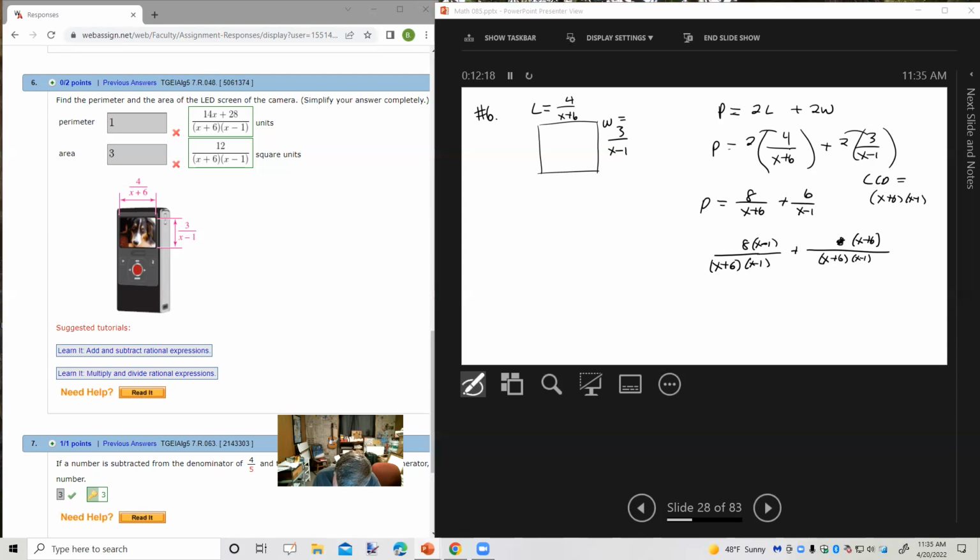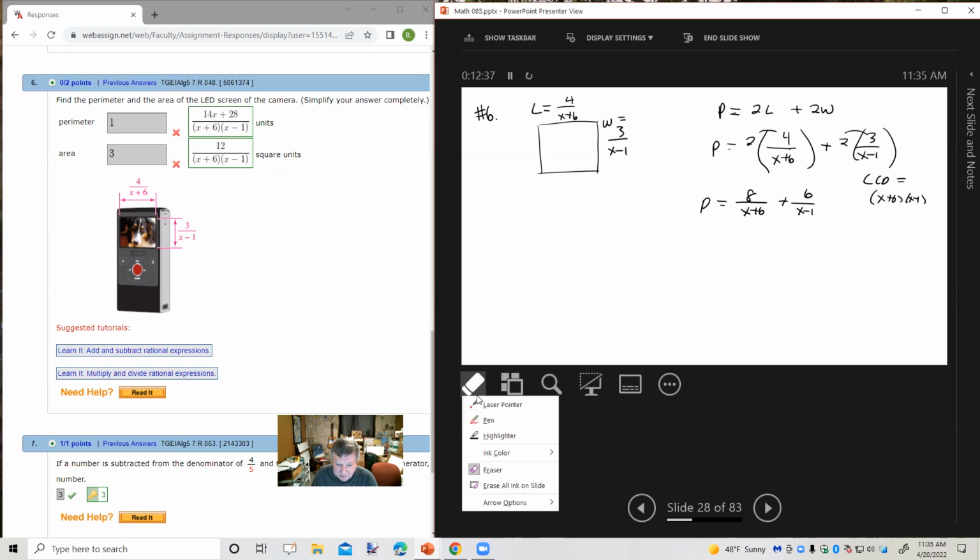Why did I write an 8 there? Sorry. You know what? I'm going to back up a little bit. I kind of jumped over a couple of important steps. So let's go back here. I don't like using this whiteboard in this position because then I have to keep going back to erase things and stuff. But oh well, quit whining and go on.